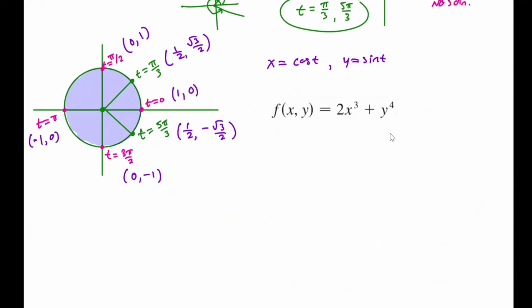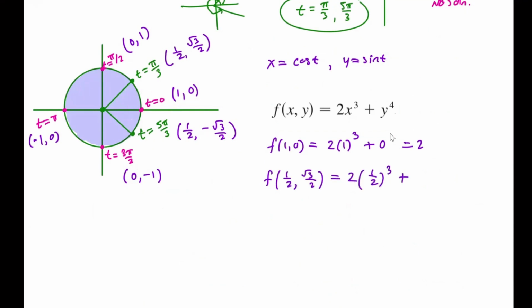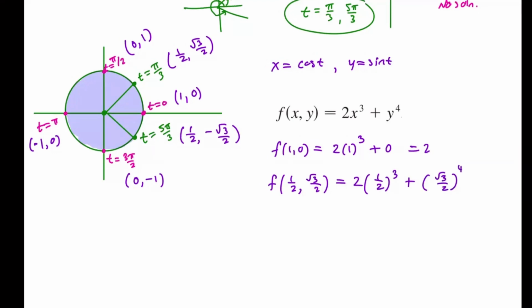Let's plug them in. So the first point I'm going to plug in is 1, 0. So f of 1, 0 is 2 times 1 cubed plus 0. That will be 2. The next point we're going to do is 1/2 and square root of 3 over 2. That's 2 times 1/2 cubed plus square root of 3 over 2 to the 4th power.